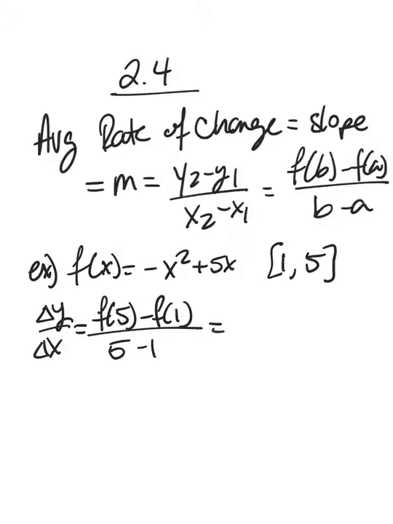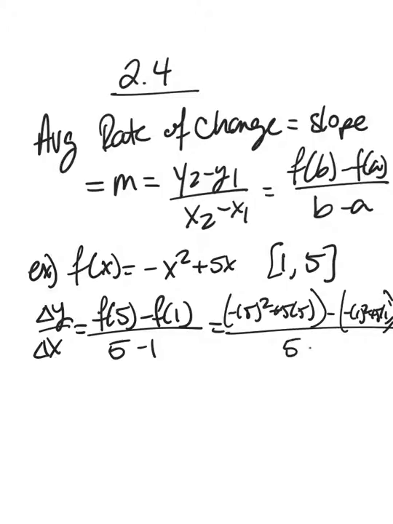Well, f of 5 just means you're plugging in 5 in for all the x's, so that's going to be negative 5 squared plus 5 times 5 minus, do the same with 1, negative 1 squared plus 5 times 1. Sorry, I got a little scrunched for space there. Over 5 minus 1.